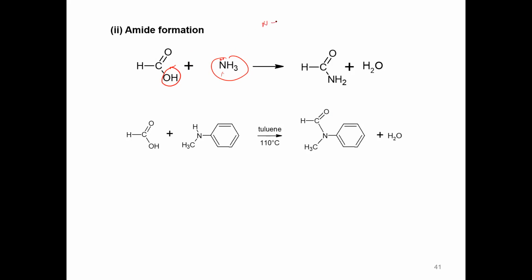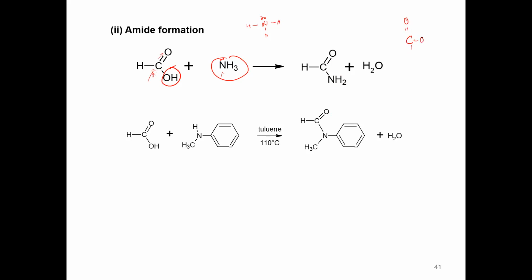If you draw the Lewis structure, H lone pair. So lone pair ni adalah nucleophile sebab dia rich dengan elektron. So this carbon is partially positive, because the oxygen dekat sini withdraw elektron naik atas. So ammonia ni akan attack masuk.